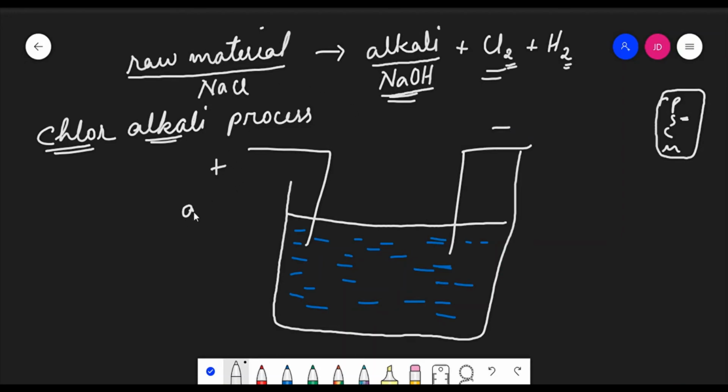Plus is called the anode, minus is called the cathode. And what we do, we put the salt inside here, NaCl. Let us say this red color is the Cl, and let me write green color as the Na.